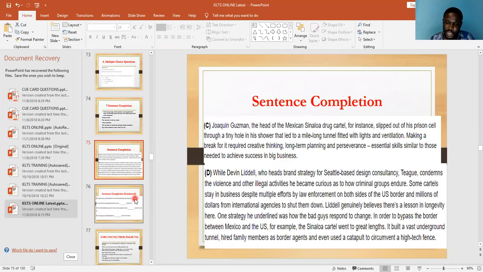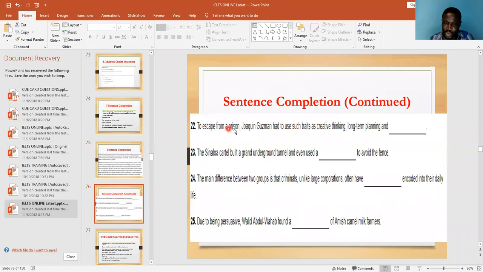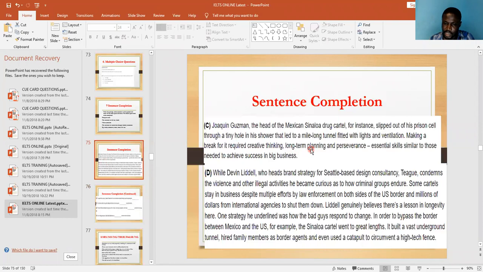So if you go to the question, it's saying to escape from a prison, Joaquin Guzman had to use such traits as creative thinking, long-term planning, and what's missing? This is it: perseverance. There was no word substitute in this one, quite straightforward.